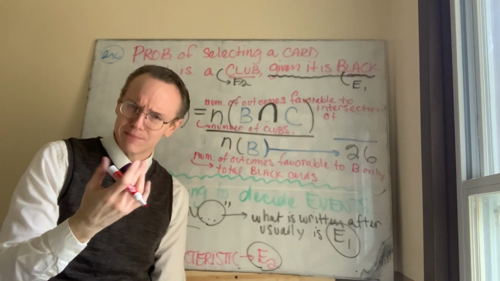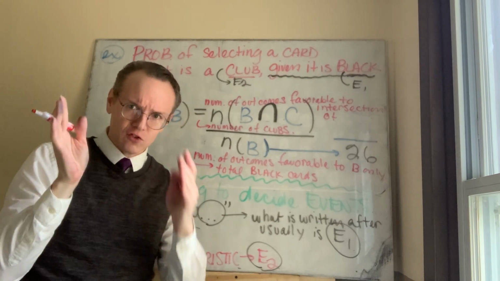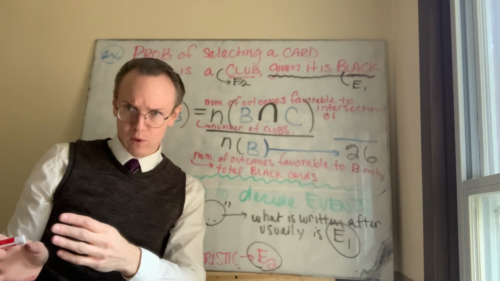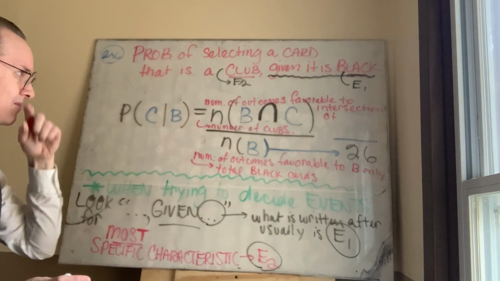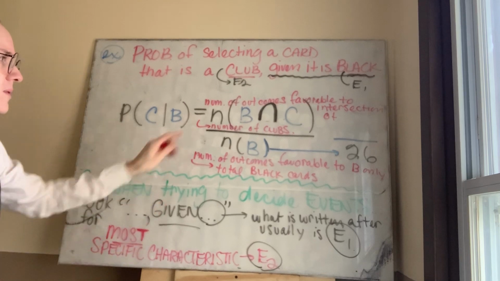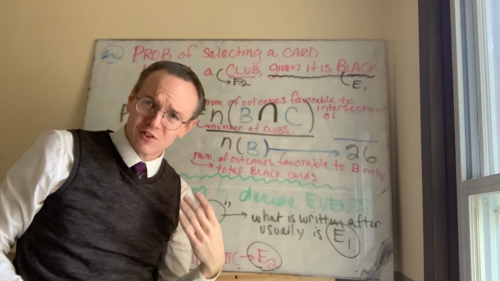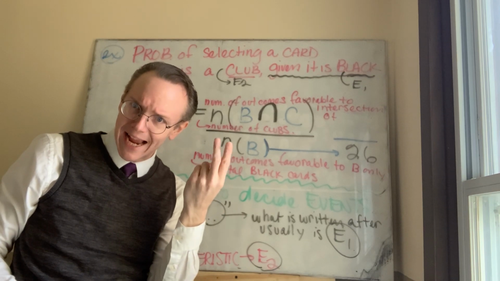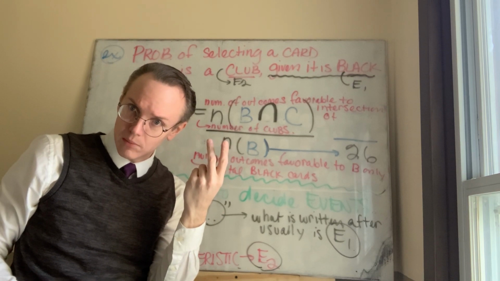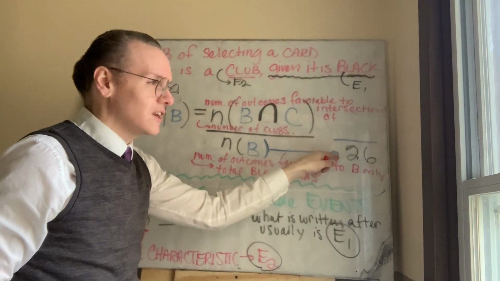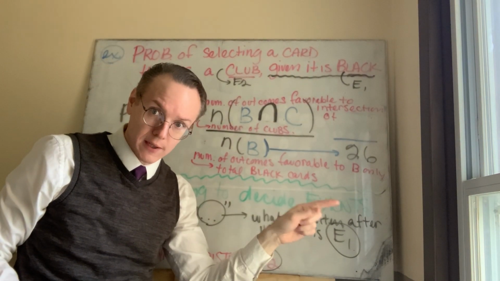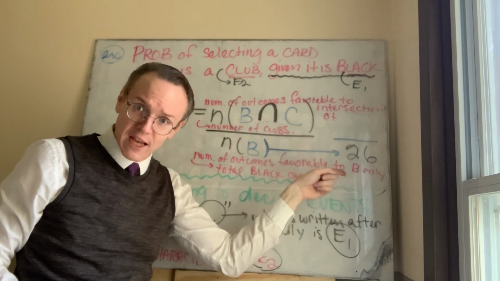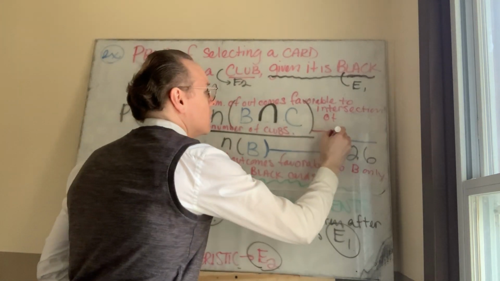I hate talking like that, but that's really what's going on here. It is definitely true one way that you say it, and not necessarily true the opposite way. So we're asking basically for the number of clubs. Why? Because that is the intersection. A card that is characteristically black and simultaneously a club. Of the 26, how many are clubs? Bear in mind that half of 26 is the answer. What's half of 26? 13.